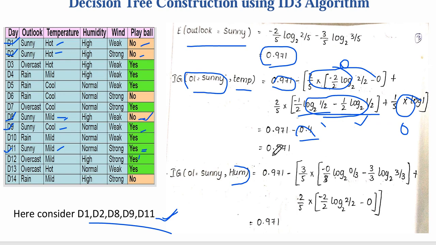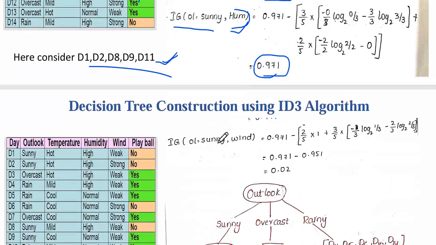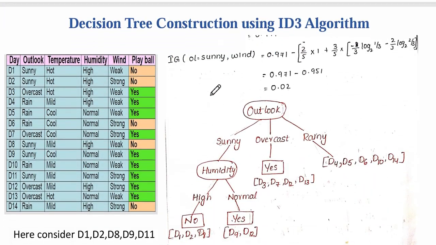Now the gain of outlook equals sunny for temperature is 0.571. Similarly we calculate for humidity by considering only these five records, D1, D2, D8, D9, D11. We're getting the value 0.971. Hope you understood.